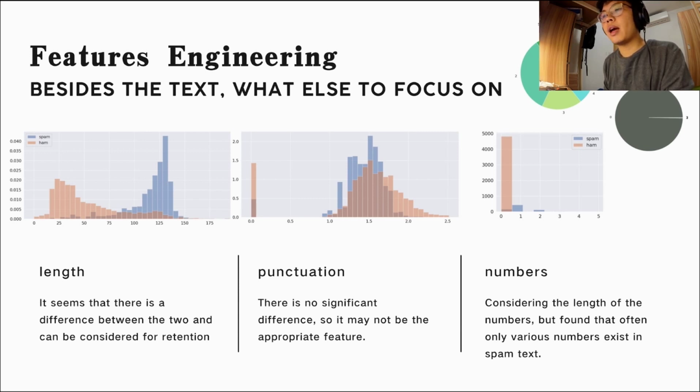However, in spam, more numbers are often used, so we use the number of numbers in the text as a feature, regardless of their length. It also fits our intuition that even a tool site that tends to list the number of partners or users it has can be considered a form of marketing.